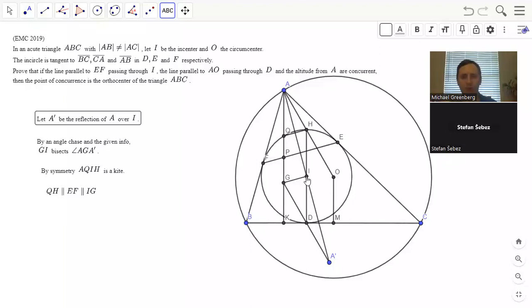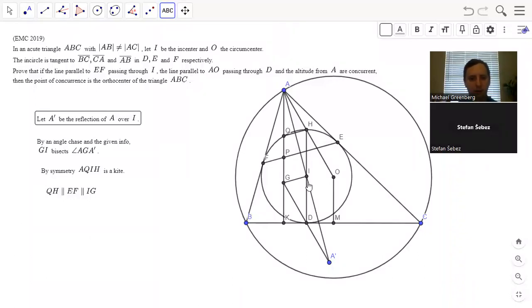Yeah, can we show QI is parallel to AO? So DG is parallel to AO, and we want to show QI is parallel to AO. But if we know this is a kite, we can angle chase that, right?